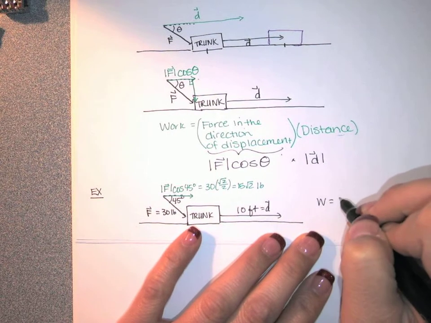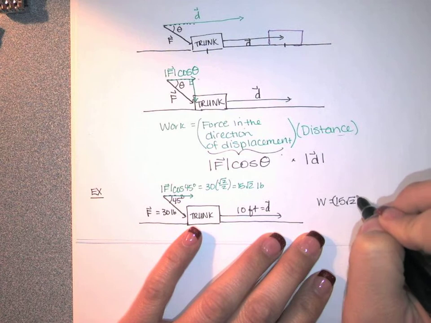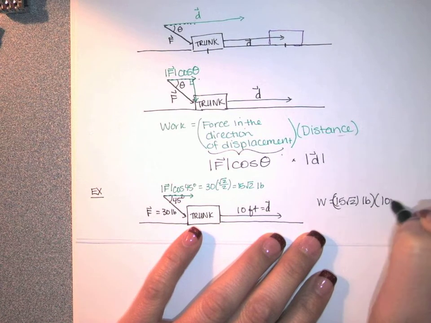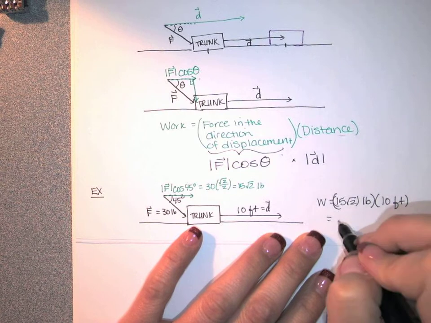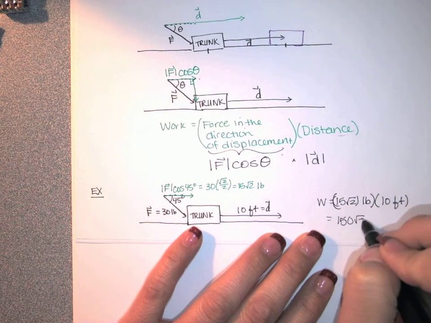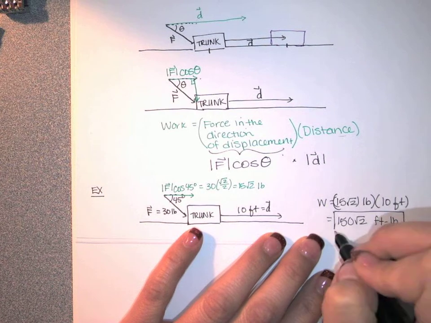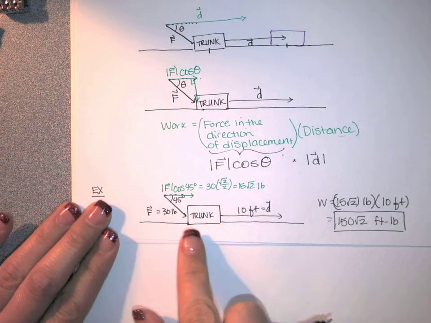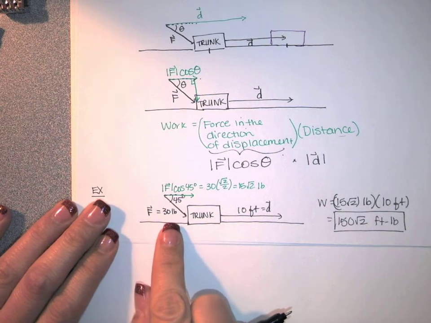So work is 15 root 2 pounds of force times 10 feet. Feet times pounds, I know it seems strange, that's called foot-pounds. Those are units of work. And according to my formula, that's the amount of work done in moving this trunk through this distance with 30 pounds of force.